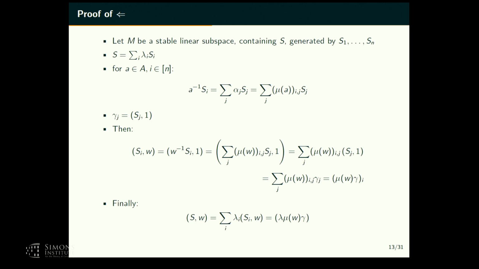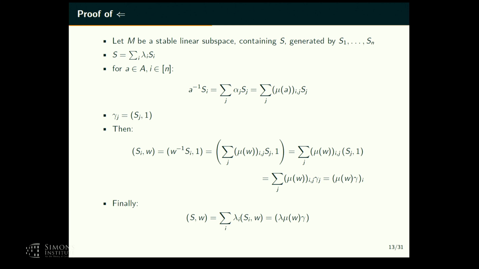You can do it. And the other way takes just a little bit more time, but suppose that you have such a finite dimensional subset that contains S and that is stable. So you say that it's generated by some formal series S1 to Sn. And then what you want to do is define this mu, this morphism of monoids, over all the letters of your finite alphabet.